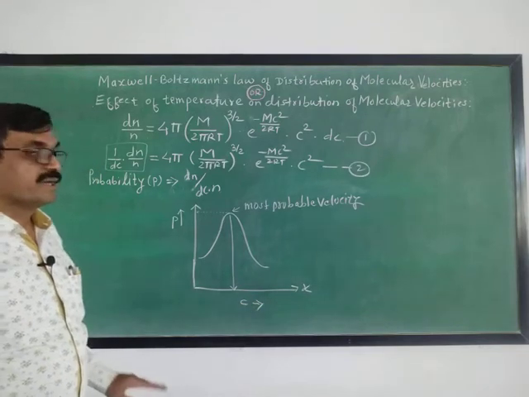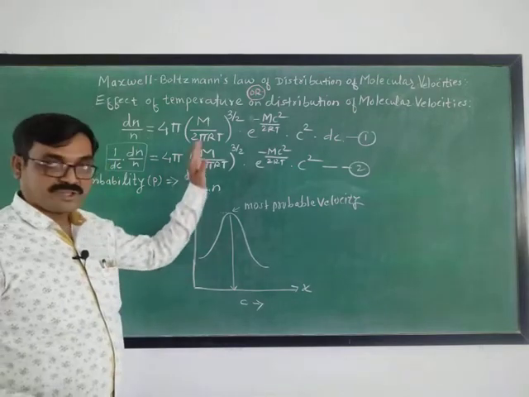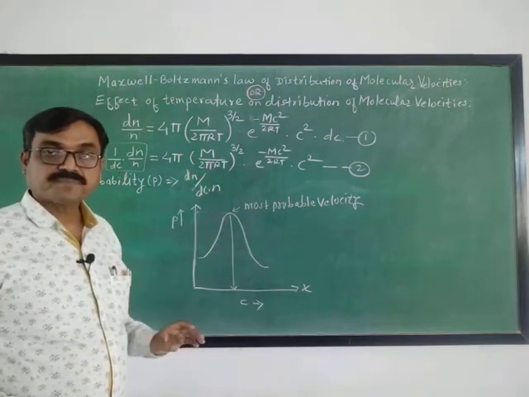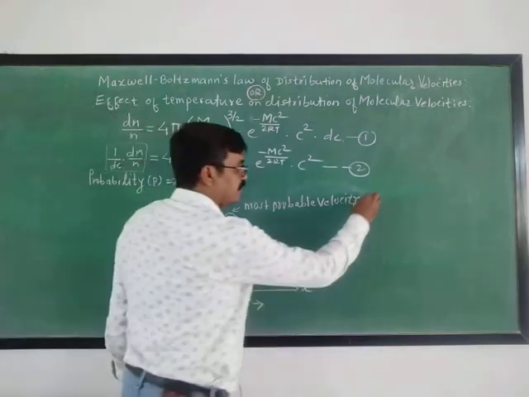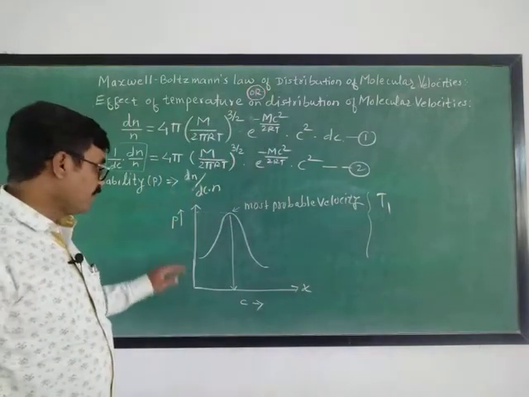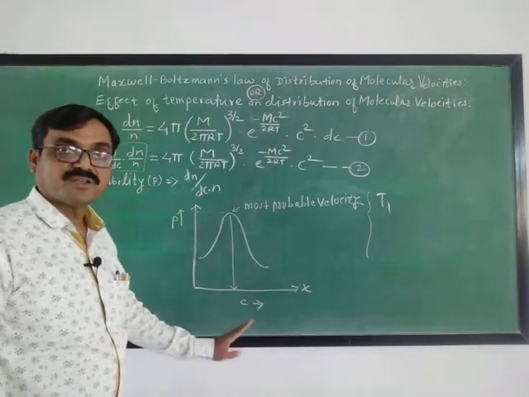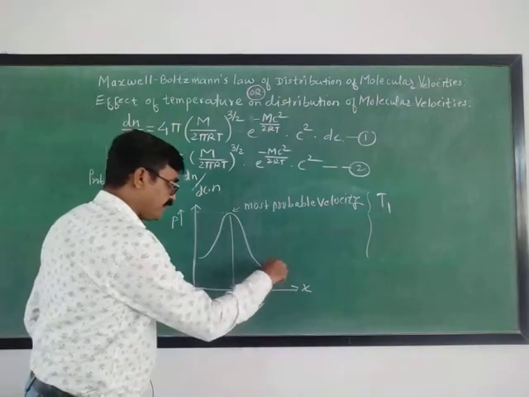Now, in order to study the effect of temperature on this distribution of molecular velocity, consider initially the temperature is T1 and the plot of probability versus velocity is plotted, then it will be in this way at temperature T1.